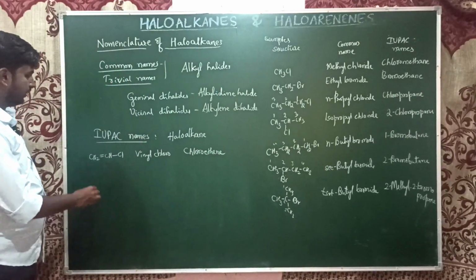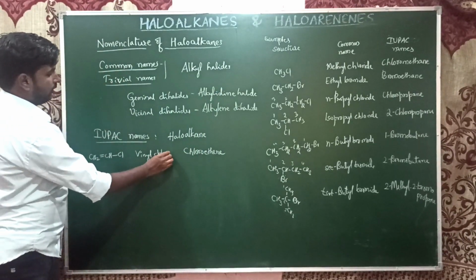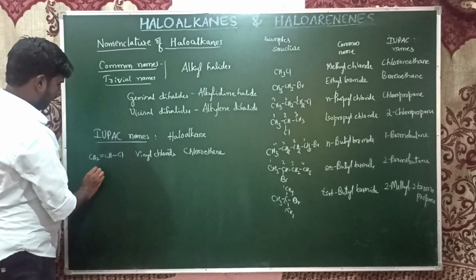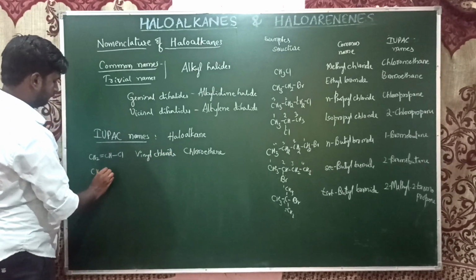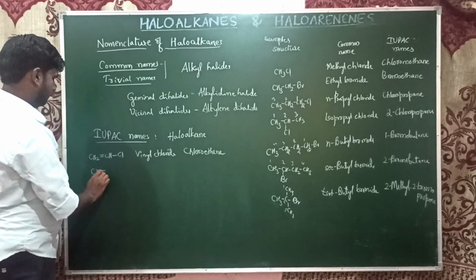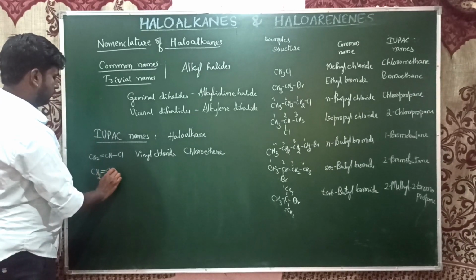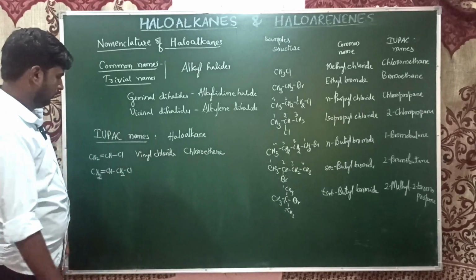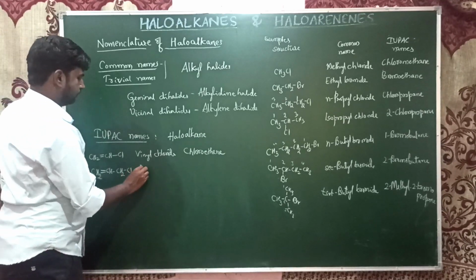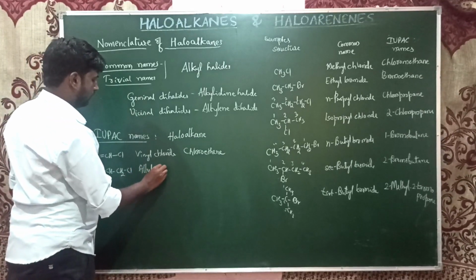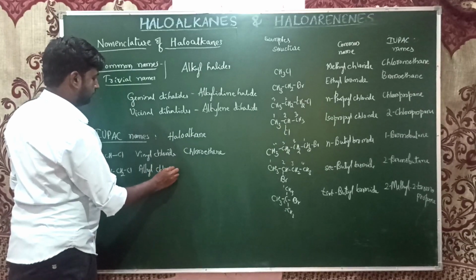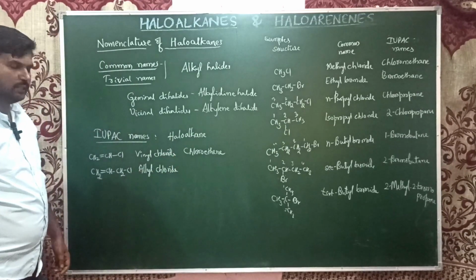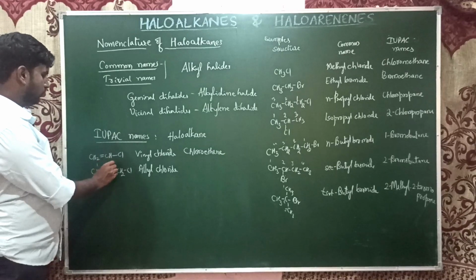In the same way, after vinyl chloride, allyl chloride, if you see, CH2=CH-CH2Cl. This one is allyl chloride. When it comes to the IUPAC name, positions 1, 2, 3.